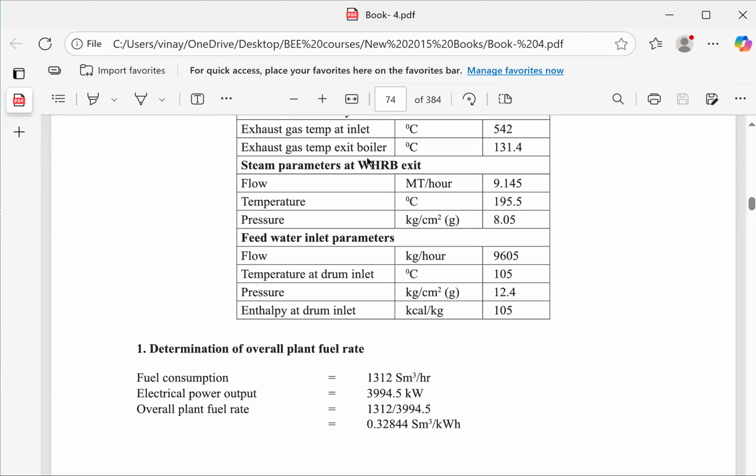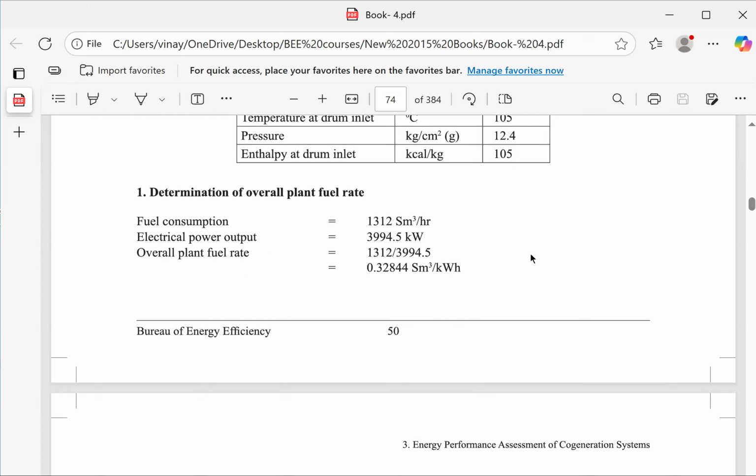They will give you only this part and you may be confused about what this instrument is. So, feed water inlet parameters. The flow here is already given in kgs. You could have given it as 9.605 tons, but he has said kgs already. So always remember, pay attention to the units they are given in and then use them correctly.